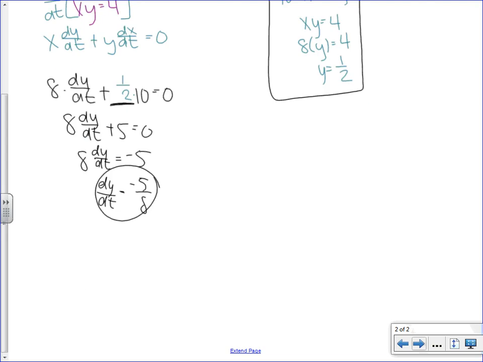So now let's do part B. Let me extend. For part B, it wanted us to find dx/dt when x is equal to 1 and dy/dt is equal to 6. We're using the exact same problem, so it's going to have the exact same equation for the derivative.